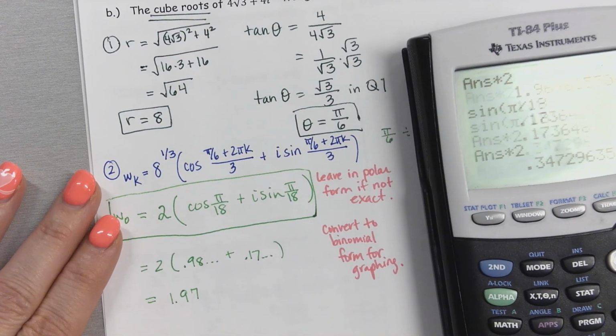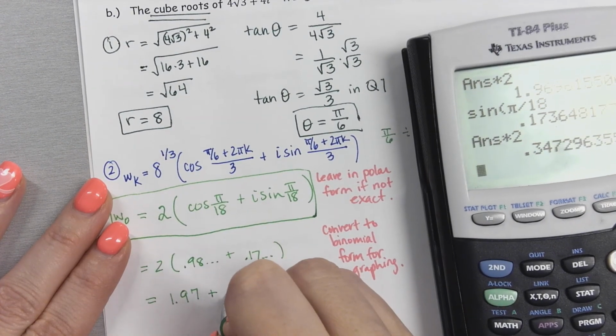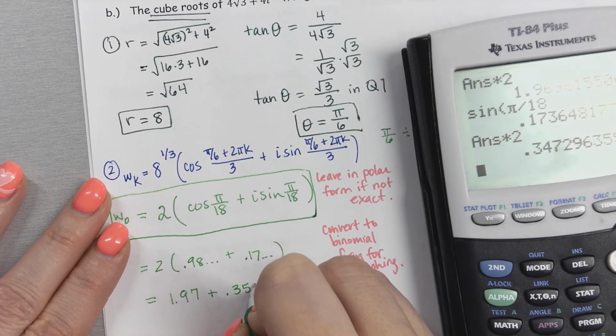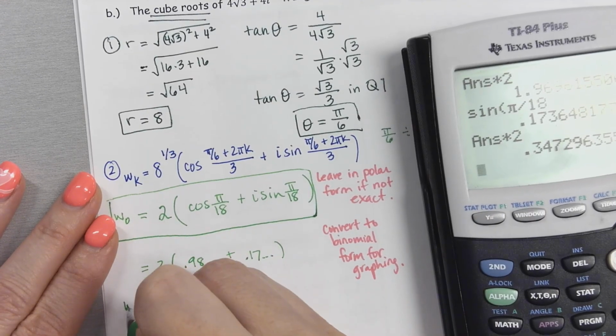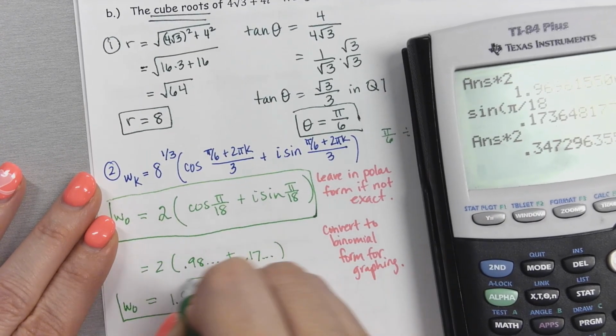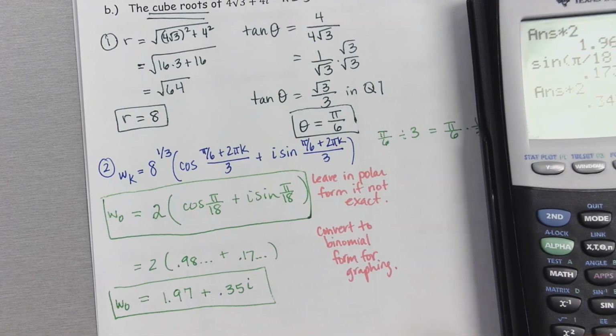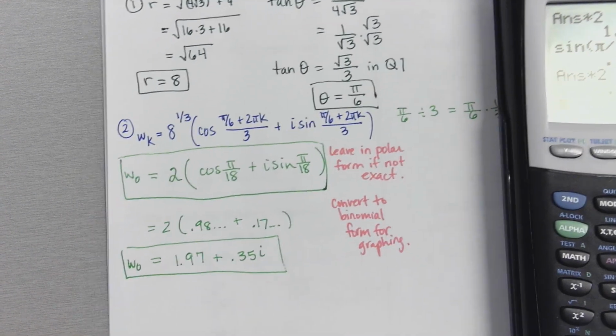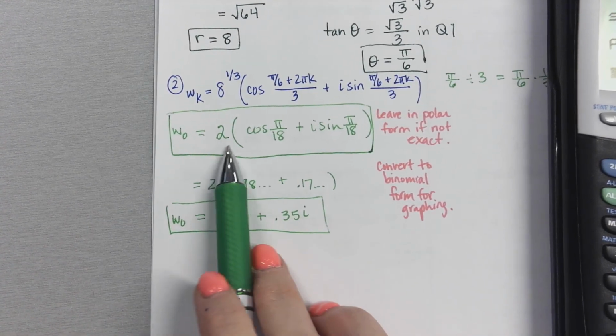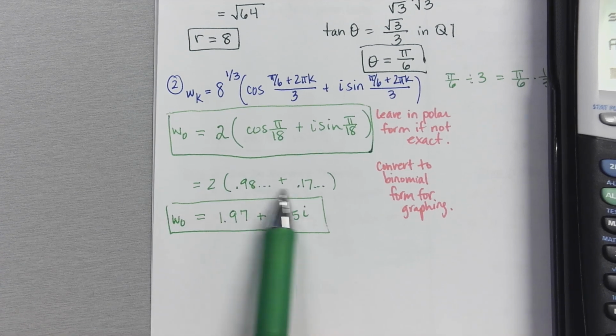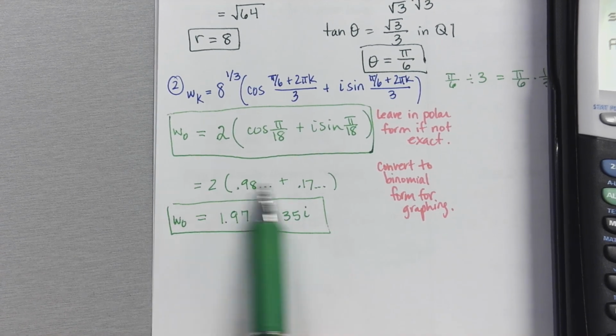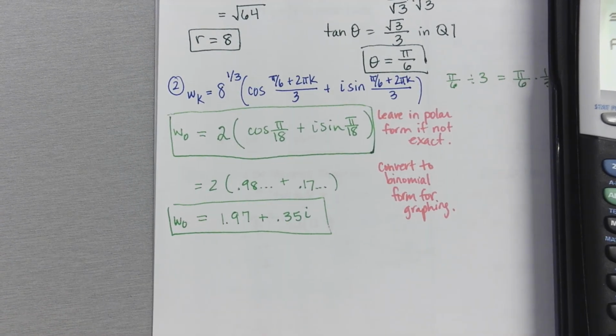So just times 2. Okay, so you get 0.35 i. So you'll have this for your graph. You can just round to the nearest hundredth. When you're doing this on your own, you don't have to write out this step. You can just do that part in your calculator.